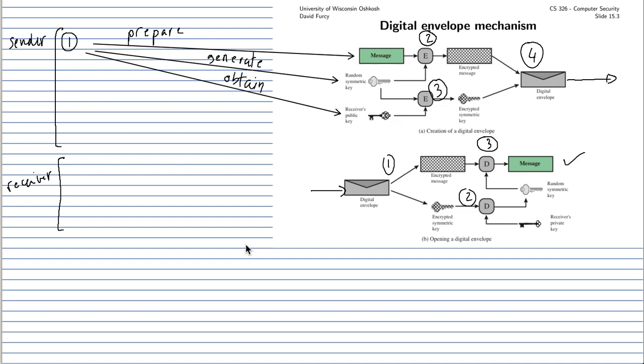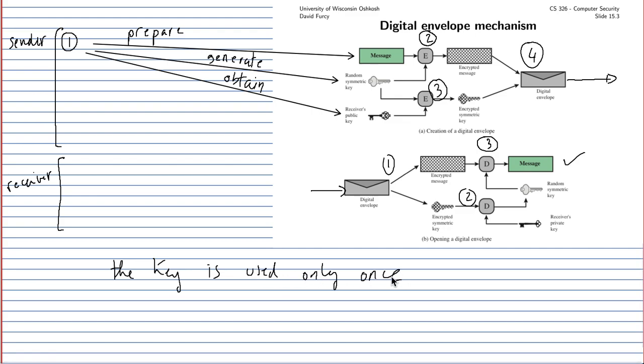Here, there is only one message ever sent from the sender to the receiver. And in that message, there was both the key and the encrypted message. So here, the symmetric key that is shared between the two parties is used only once.